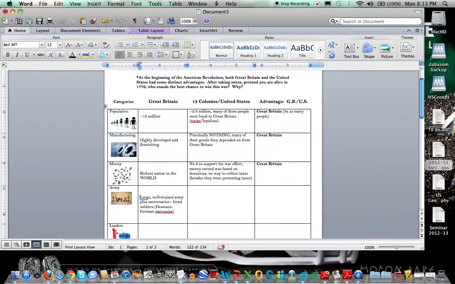They basically were hired hitmen, army hitmen, whose job it was to kill the colonial army. So not only was the United States fighting against the strongest army in the world, they're also fighting against Hessians. So they're fighting against a British army and a German hired army.